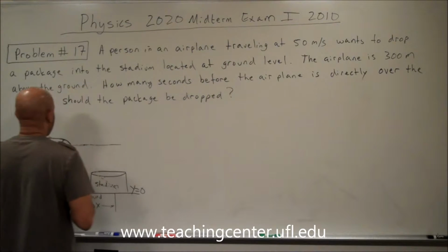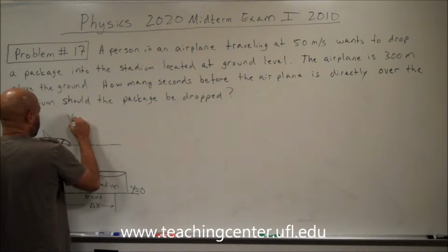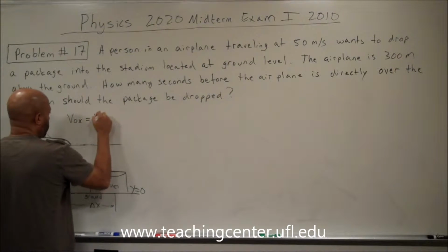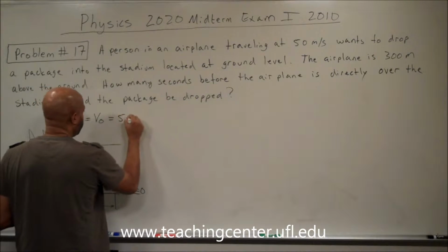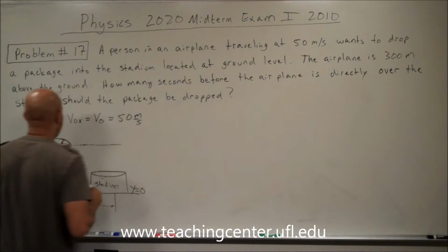So we know that the initial velocity is in the x direction, which we can just consider that the entire initial velocity is equal to 50 meters per second.